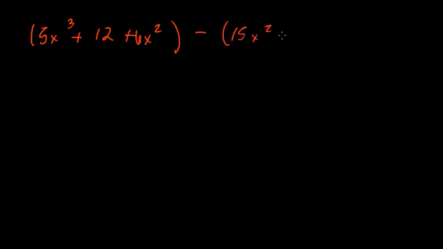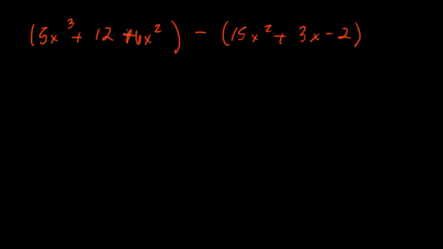Okay, let's take here 5x cubed plus 12 plus 6x squared minus 15x squared plus 3x minus 2. Okay? Well, let's start off by, of course, distributing.